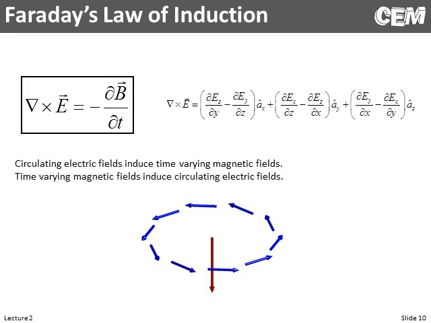An equivalent one, the handedness changes because of the minus sign there, but it says if you have a circulating electric field, if you could somehow force that, it's going to induce a B field at the center of that circulation. Or likewise, if I could take the B field and start changing it, it would induce a circulating electric field.